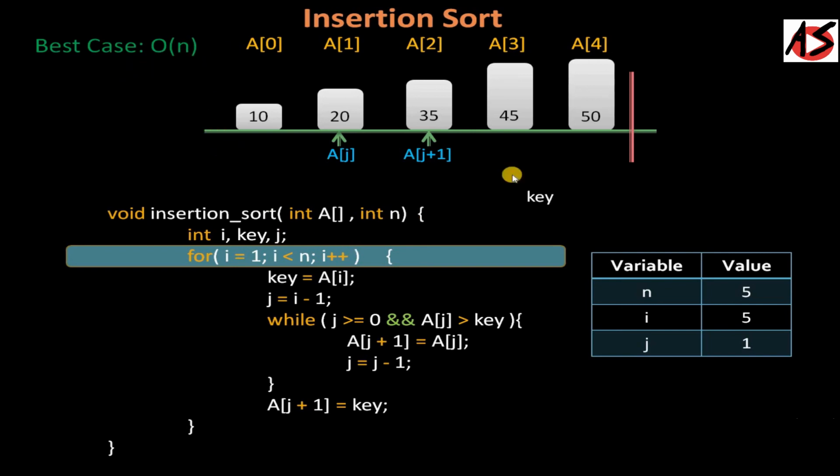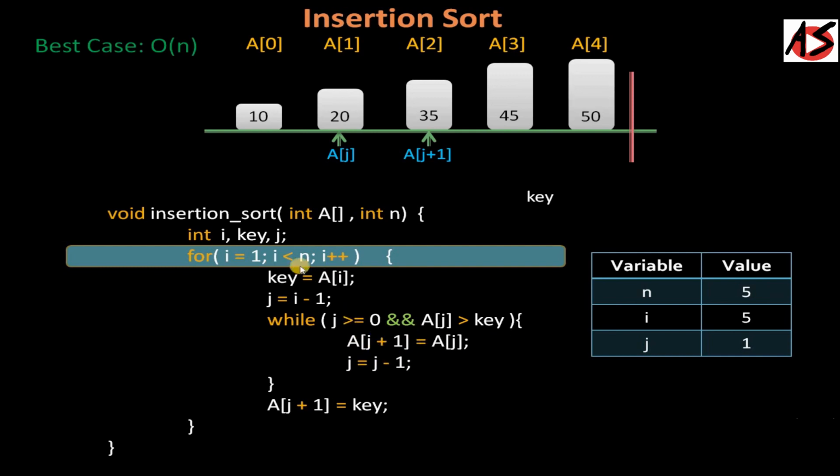Now in the worst case, when your list is in reverse order, you are running this loop from 1 to n, and for every case you are going inside the inner while loop, and for every comparison you have to swap the elements.